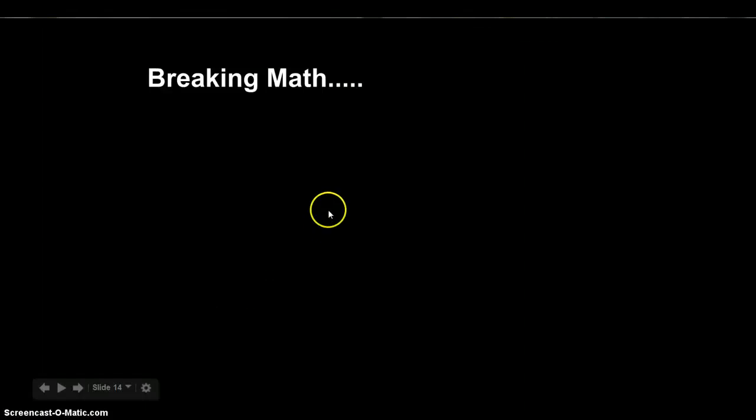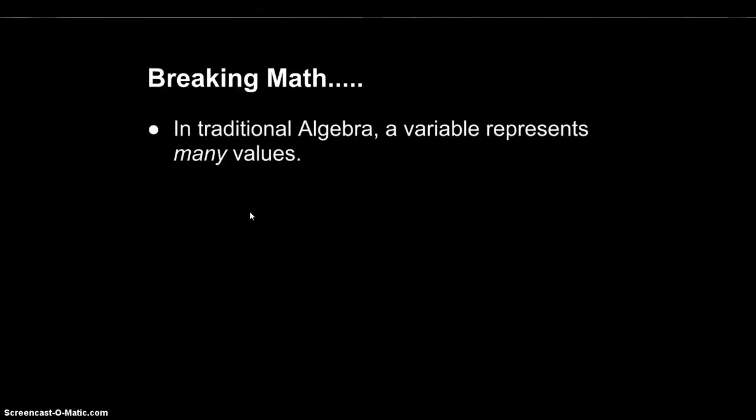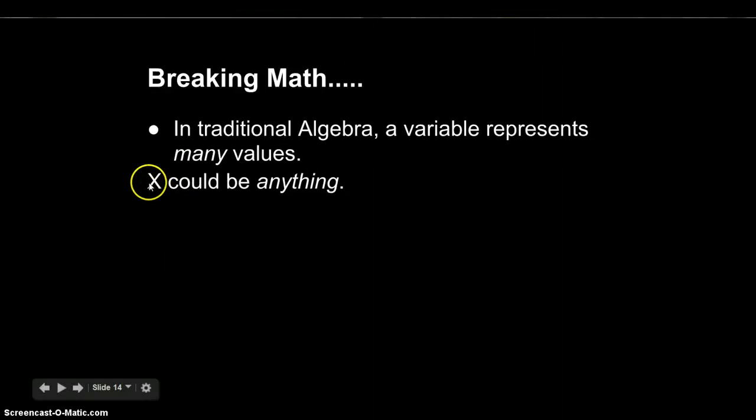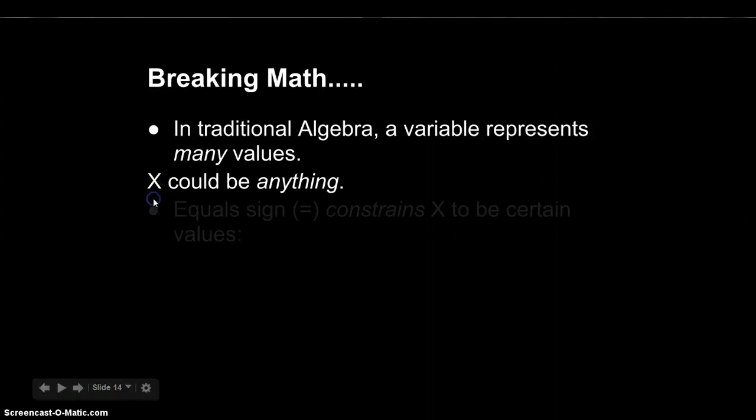Cool. Now, here is a fundamental difference that exists between variables in math and variables in computer science. So here's in math. Algebra, a variable will represent many values. So if I say x, x is all numbers. Okay?